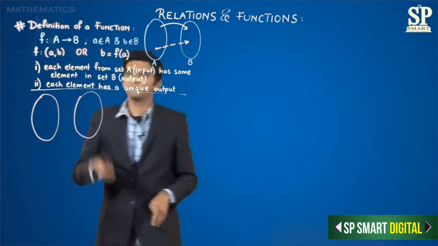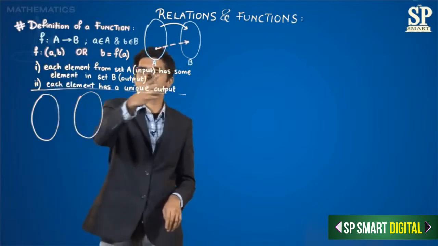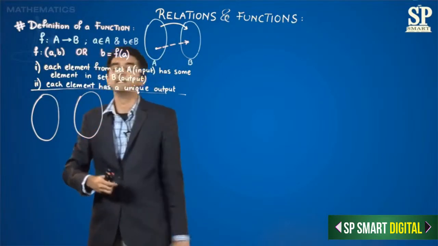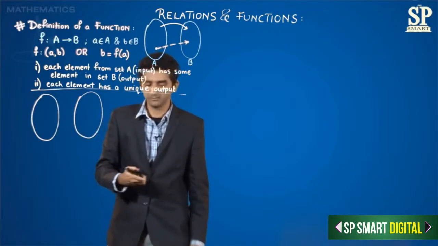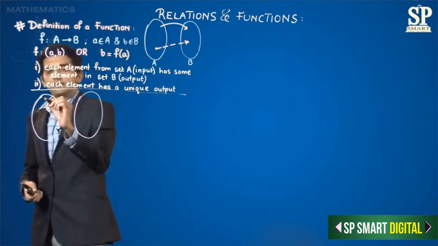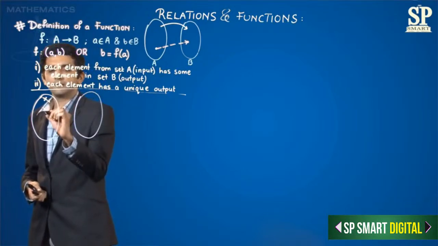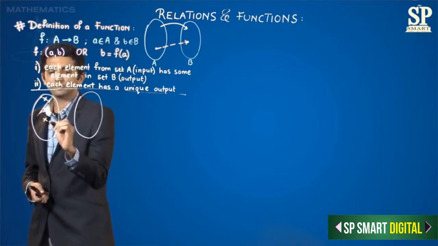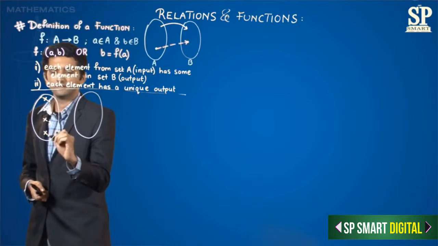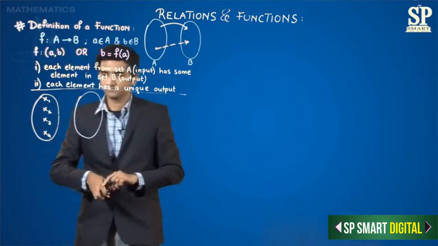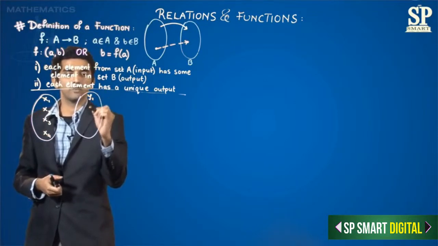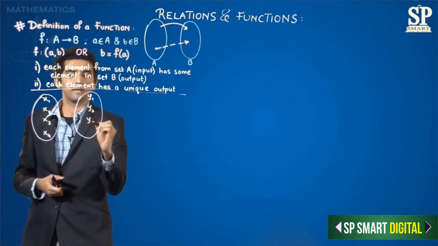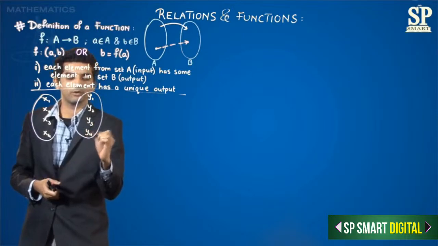Right now, first to understand the first condition, that each element needs to have some element in set B, let me take a few examples: x1, x2, x3, x4. Now, let me have a few outputs as well: y1, y2, y3, y4.